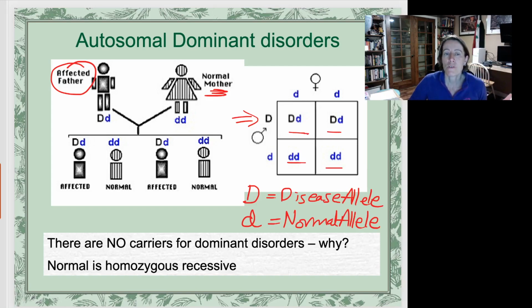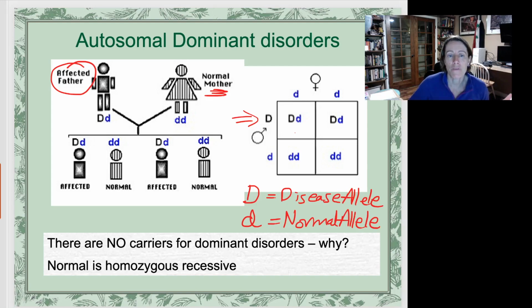Okay, and so this individual here is going to have the disease, and this individual here is going to have the disease because they got a big D from their father. And then the 2 individuals at the bottom here, they do not have the disease. They got a little d from the mom and a little d from the dad, so they're 2 little d's, both normal alleles, they will not have the disease.